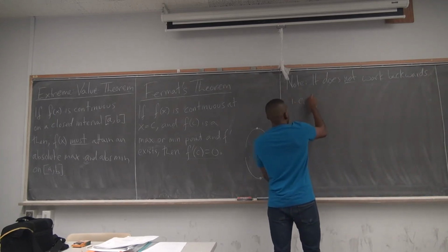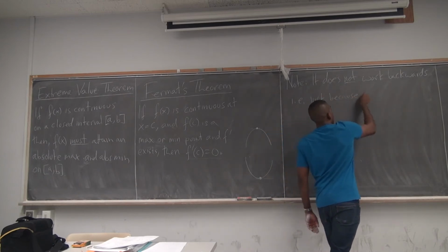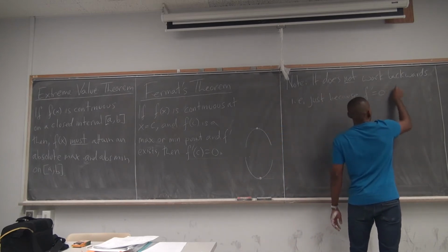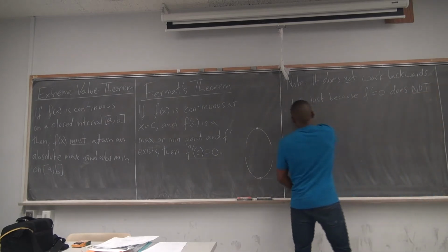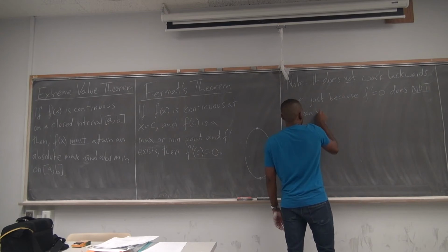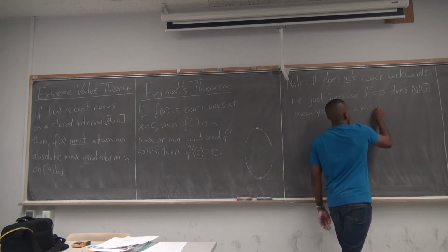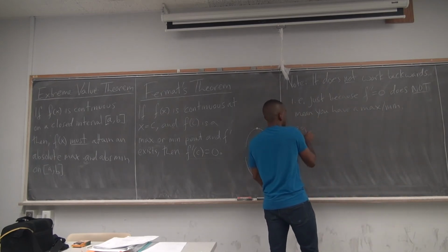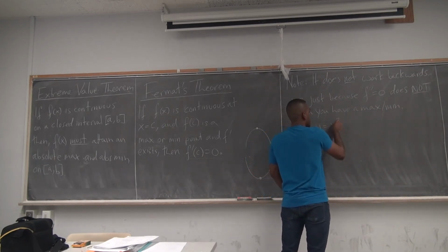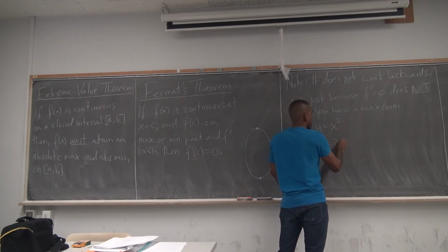I.e., just because f prime is 0, it does not mean you have a maximum or a minimum. Example: y equals x cubed is an example of that. If you take y prime, you get 3x squared.